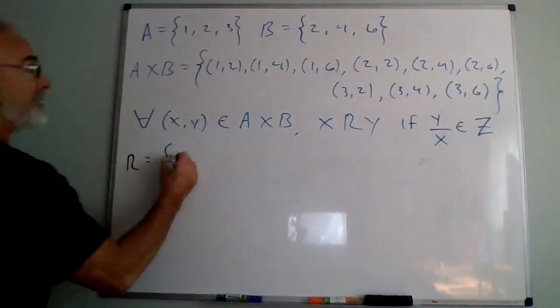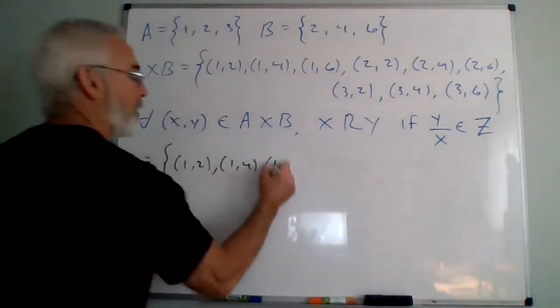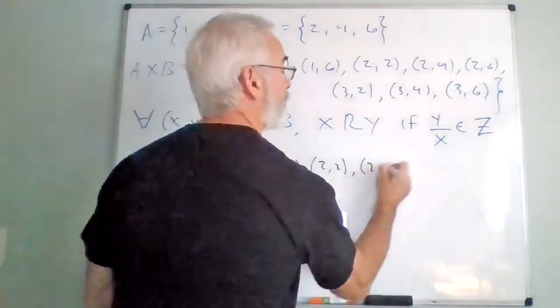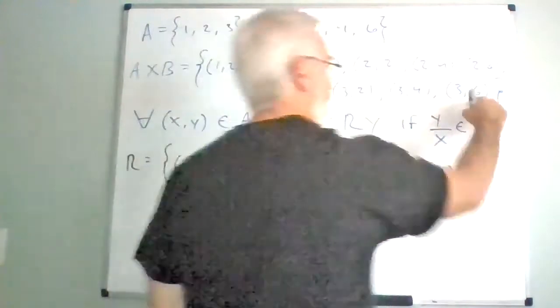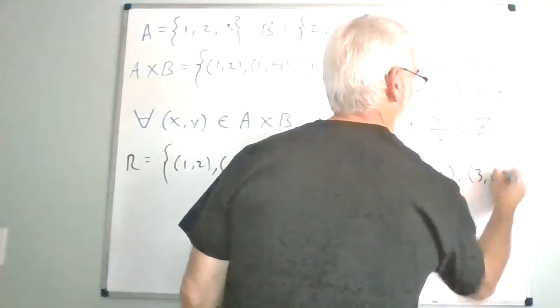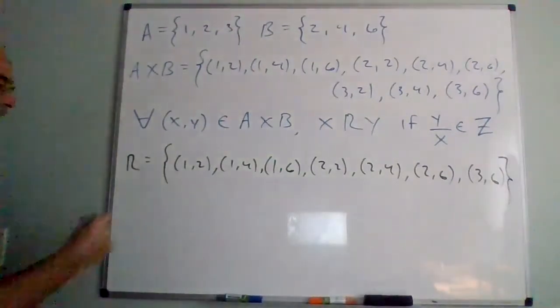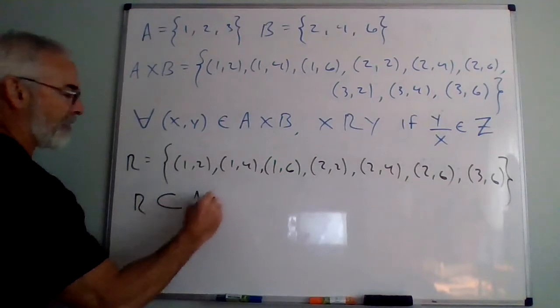R would therefore be the set 1, 2, 1, 4, 1, 6, 2, 2, 2, 4, 2, 6, not that one, but 3, 6. Okay, so notice the set R is contained in A cross B.